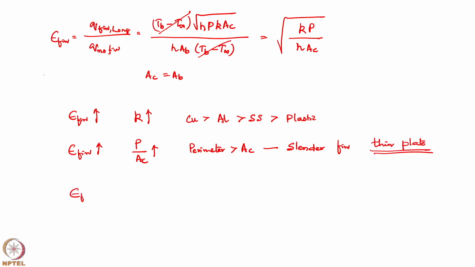And another thing which is counterintuitive is heat transfer coefficient has to be low. It is not counterintuitive, but we usually think higher H is good, but you see that effectiveness of the fin is only good in those situations where H is low.